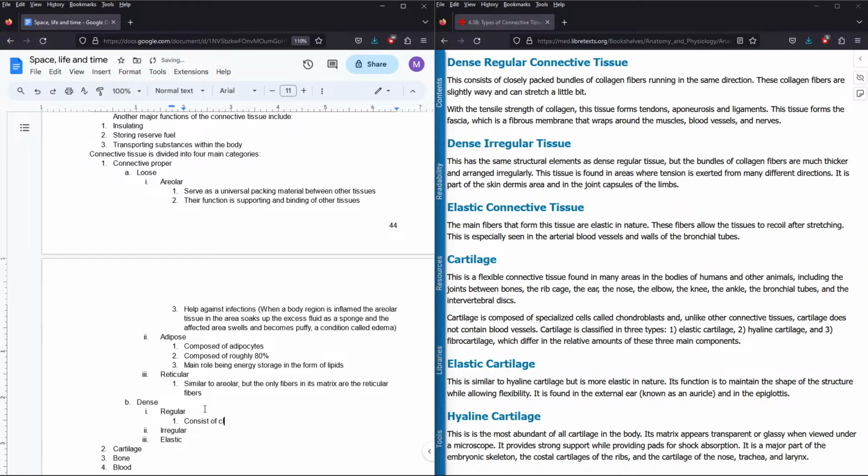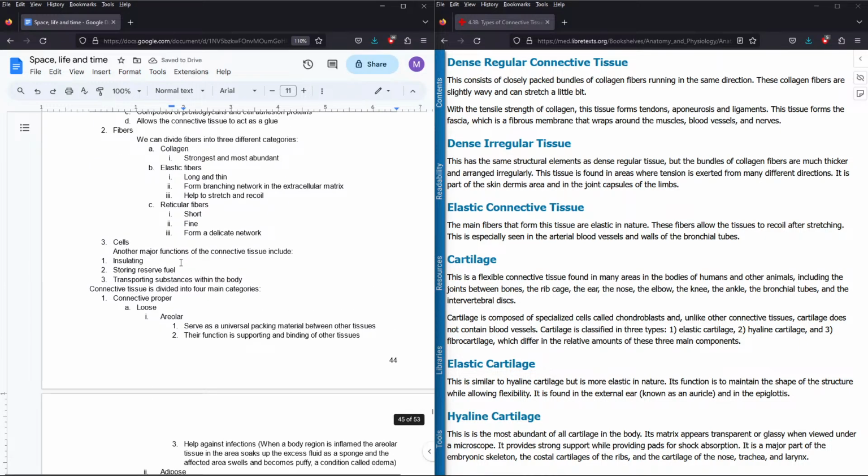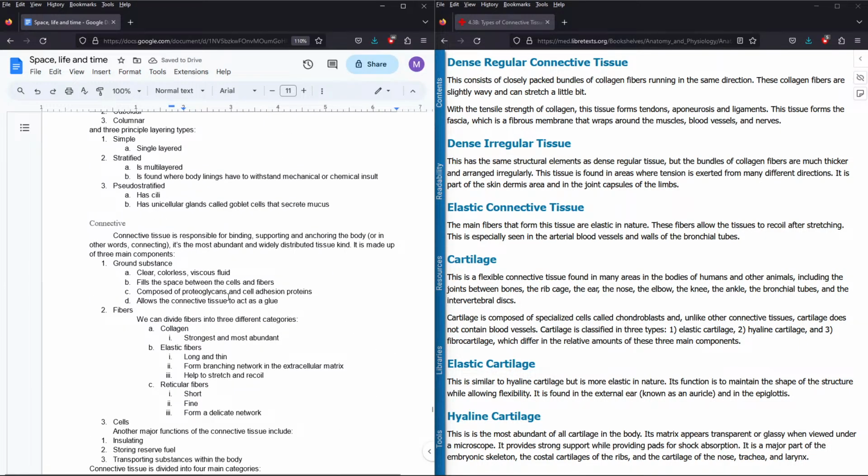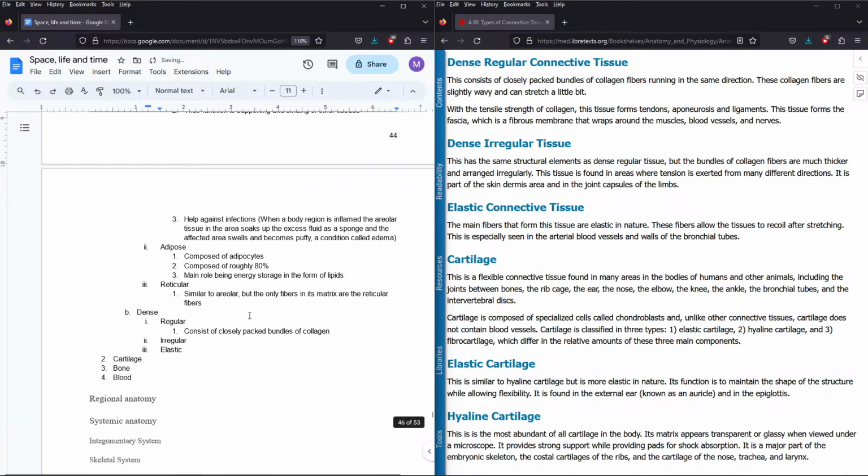Closely packed bundles of collagen fibers. So it is fibers, because before we had the collagen, elastic, and reticular fibers, so all of them are fibers. And there we go. Collagen fibers running in the same direction.